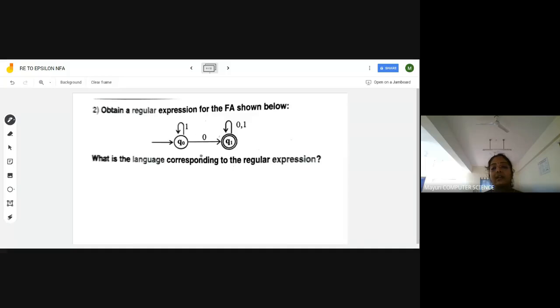I can easily say the regular expression for the finite automata here. What could be the regular expression of this? So this is the start state, Q0, 1 star.